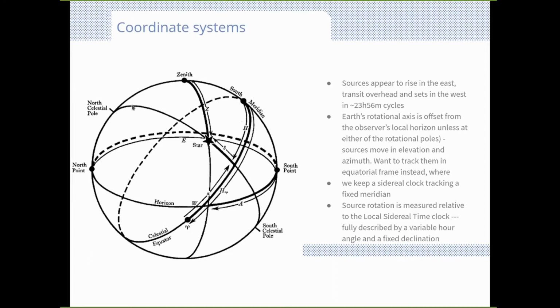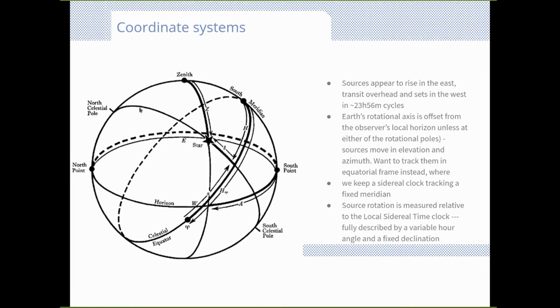Now, sources very far away, so I'm talking about galactic and extragalactic, are going to move with respect to the rotation axis of the planet. They're going to do so on what we call the celestial sphere, which is a unit sphere just to simplify the mathematics.